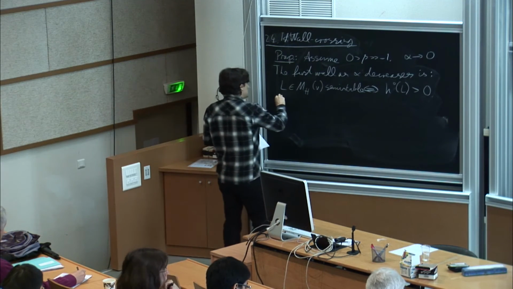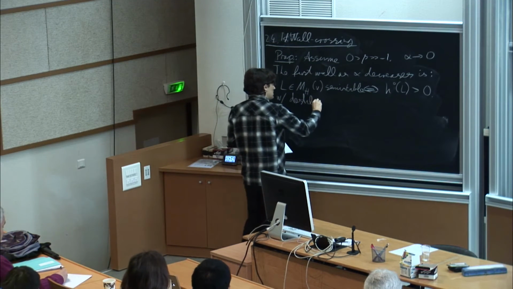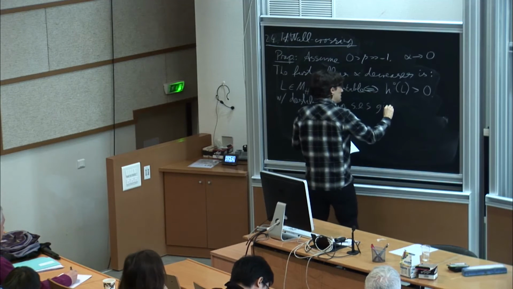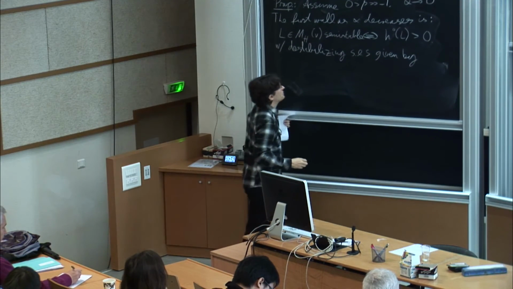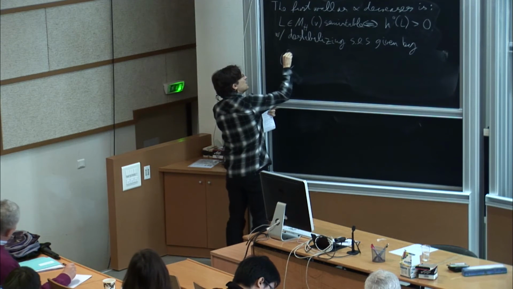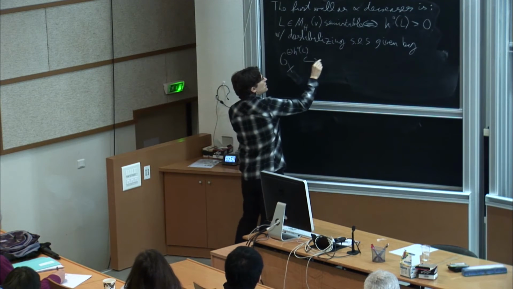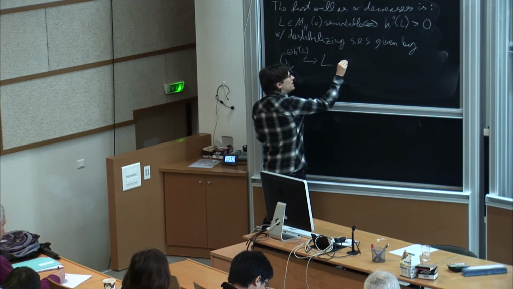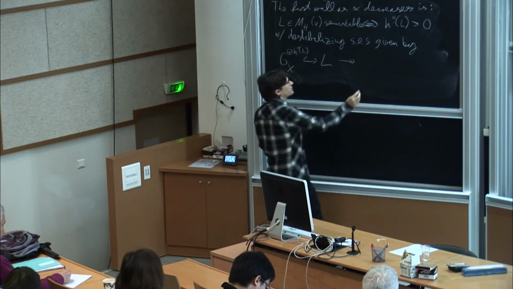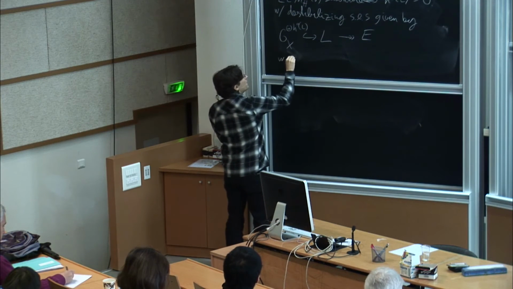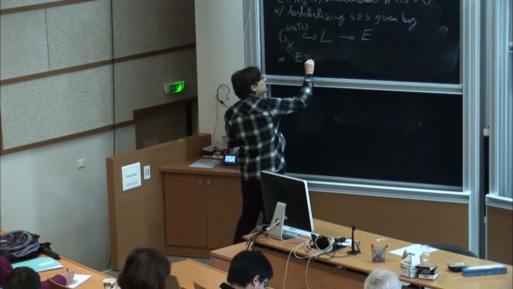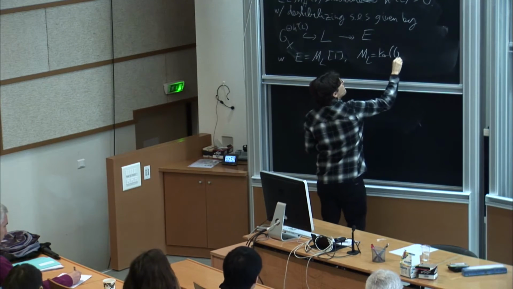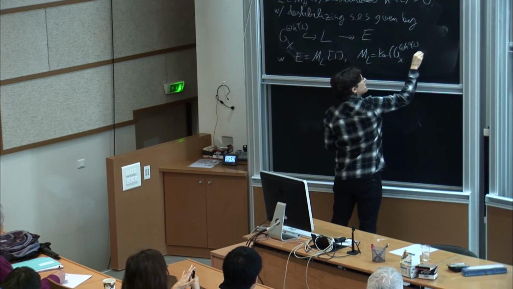And the destabilizing short exact sequence is given by O_X tensor H^0(L) goes into L. Right, so I keep writing L even though L might not be a line bundle, it might be on the compactified part. And then the quotient here, let me just call it E, E is equal to the shift of this Lazarsfeld-Mukai bundle when L is globally generated.